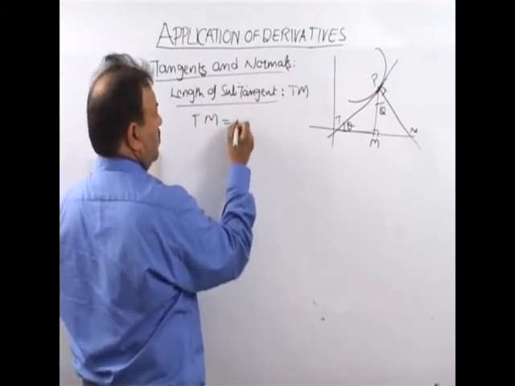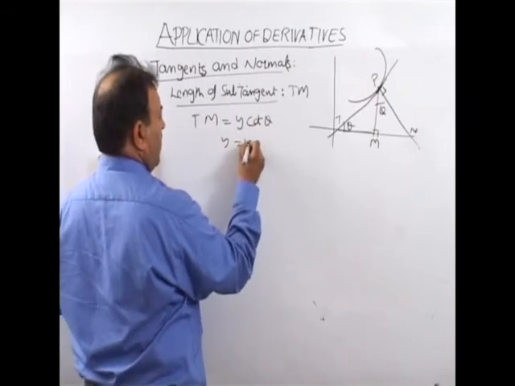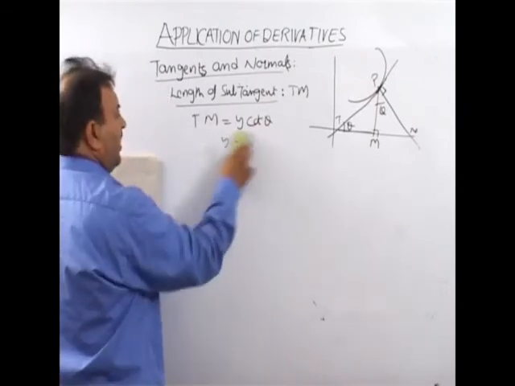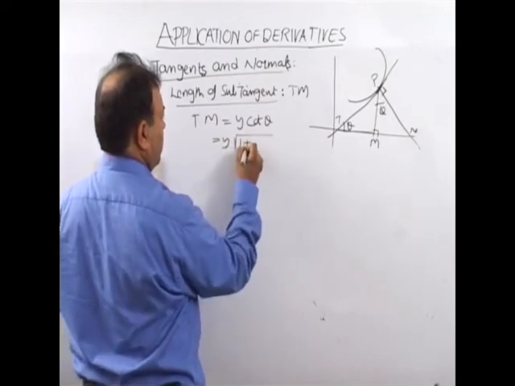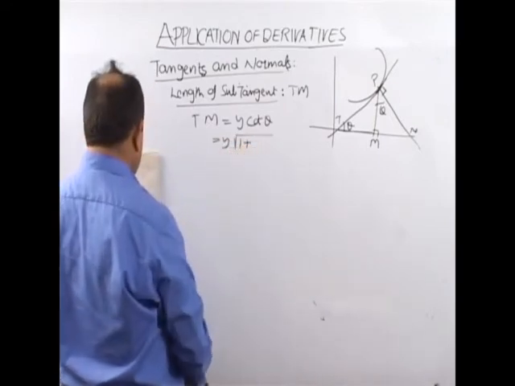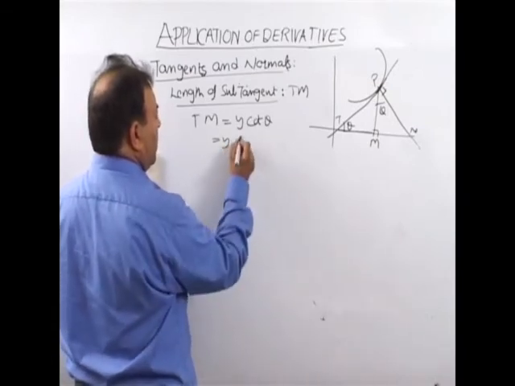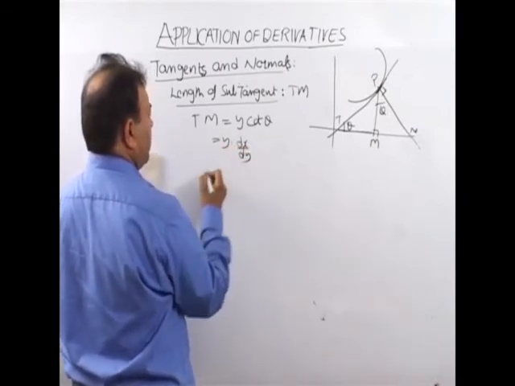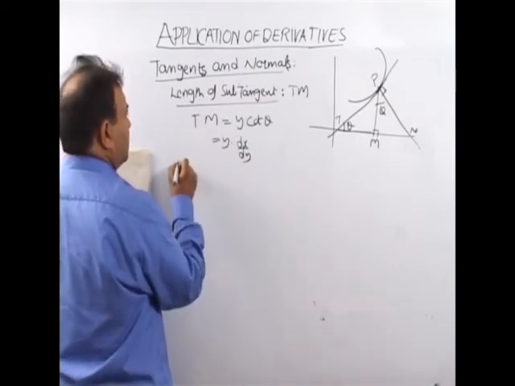TM is equal to y cot theta, which is y into root of cosecant square theta minus 1. It is y cot theta, or I can say y dx upon dy. This is length of subtangent, the third thing.